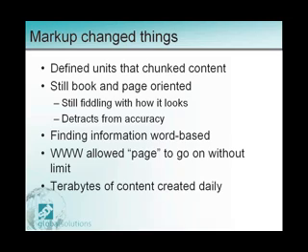Along came markup, and that changed things. Markup defined chunks that let you define what your content was in terms of the page layout. You had paragraphs, you had lists, but you also had controls to break the pages where you wanted to. You still spent time fiddling with how things looked.